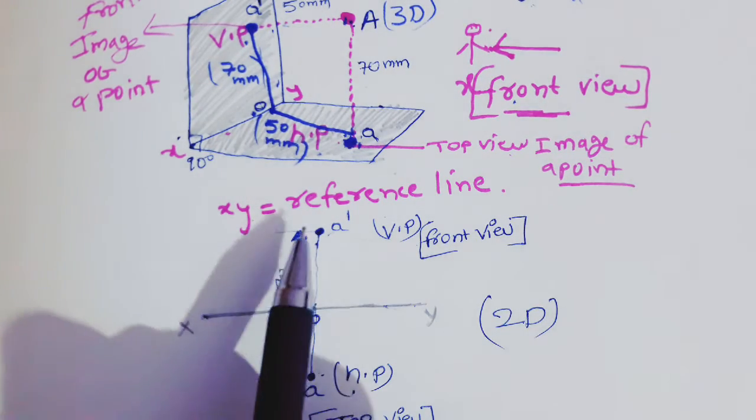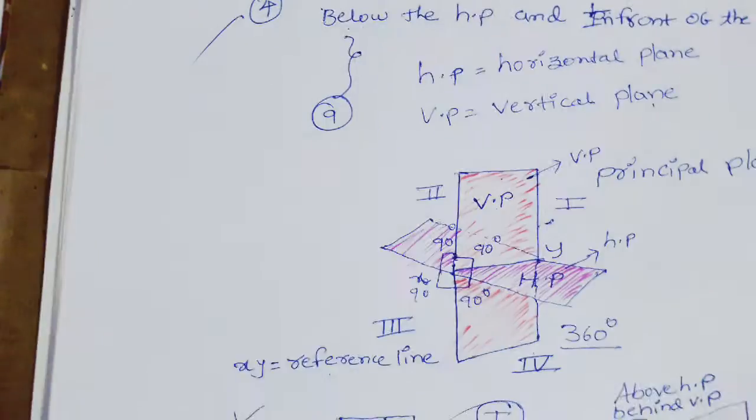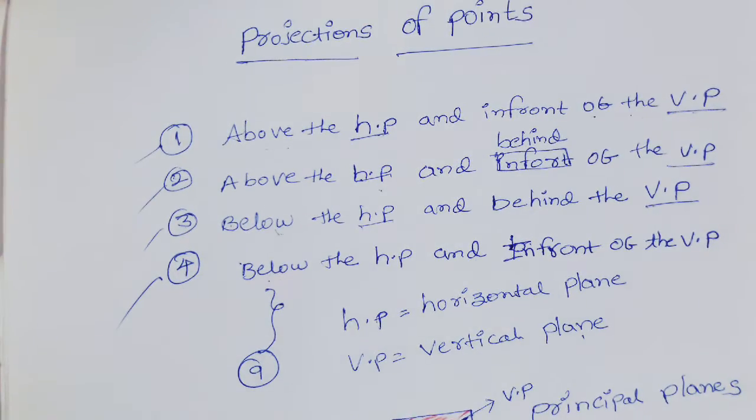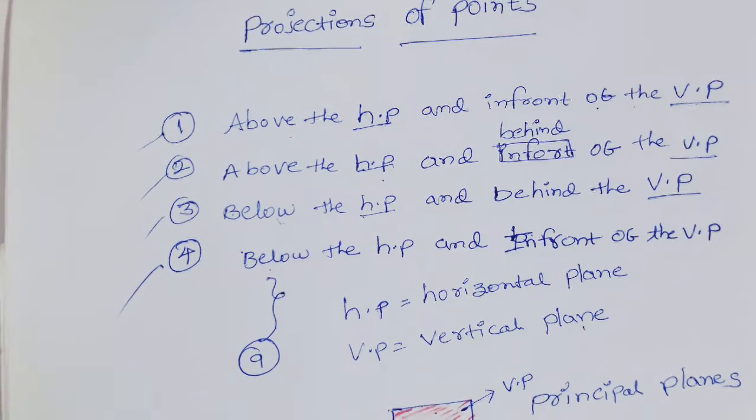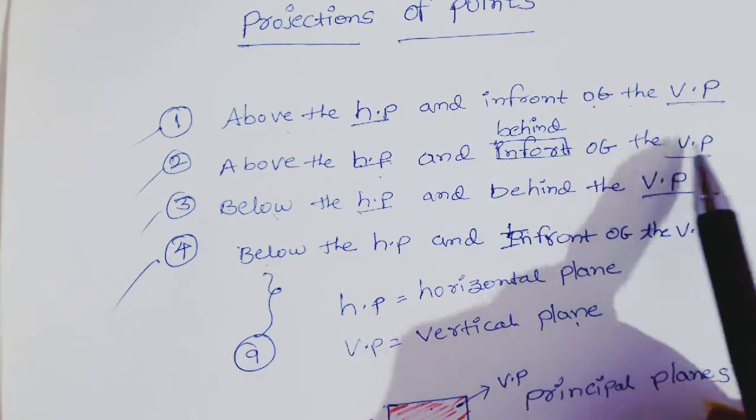This is the 2D representation of a point. Okay, so in the same way now we are going to look at the second condition, that is the second quadrant condition. See, for the second condition, what is given? Above the HP and behind the VP is given.